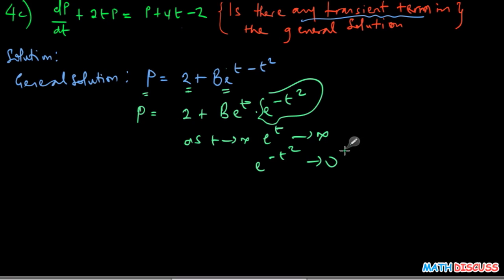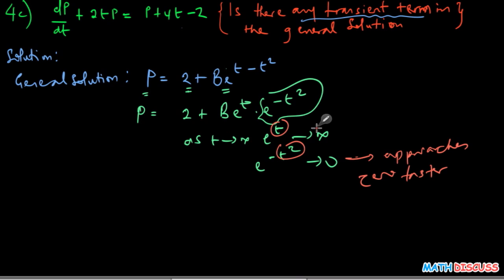Now you might get confused about which one to choose. What you need to look at is that we have t squared here, so this one approaches 0 faster than this one would approach infinity.